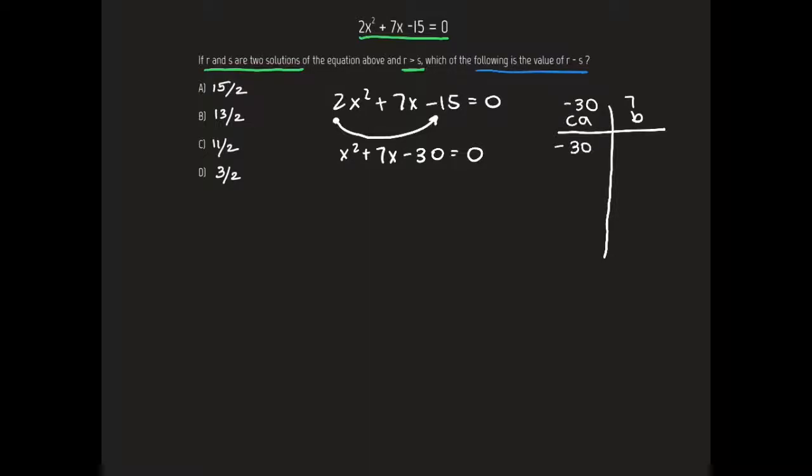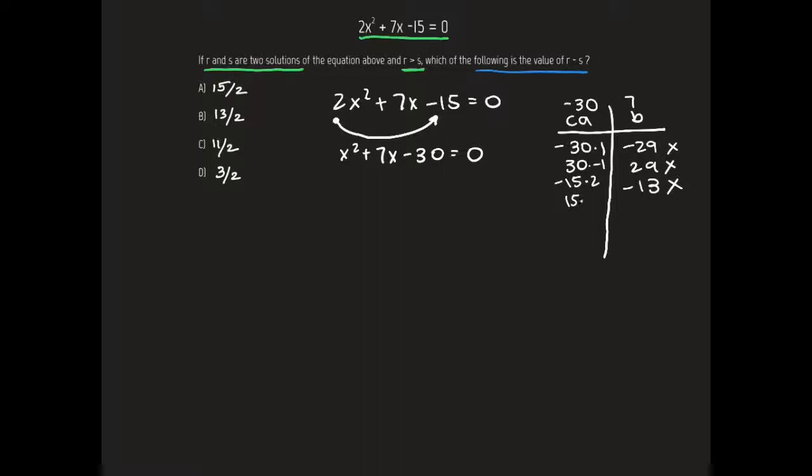So we've got negative 30 times 1, that goes to negative 29. That's wrong. We have 30 times negative 1, that's 29, that's wrong. Then we have negative 15 times 2, it'll be negative 13, that's wrong.